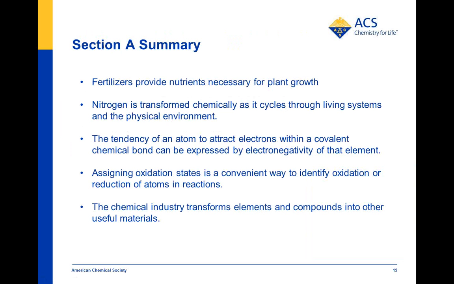Once again, we summarize what's taking place here: that fertilizer is necessary for growth and that nitrogen is transformed chemically through systems. They've talked about electronegativities and the ability of electrons to attract themselves to a bond, taking a look at oxidation states, either being positive or negative, being either an oxidation process or reduction, and how the chemical industry is very important in transforming things around us into ways that make our lives very useful and very productive in a lot of different ways.